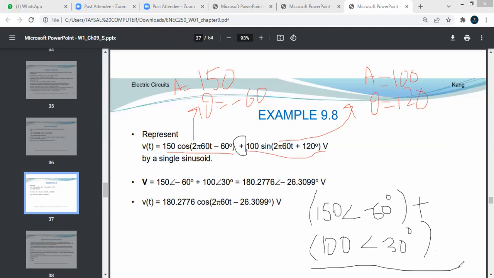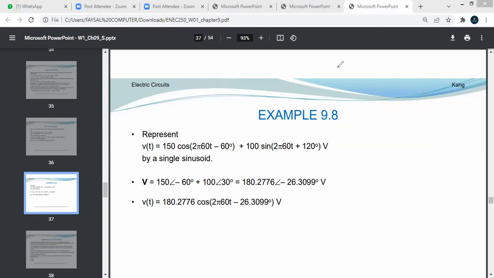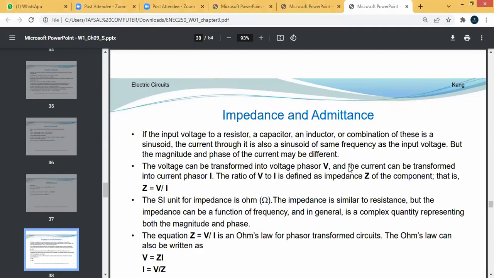So this is the way to convert two values, basically two functions, function 1 and function 2, to represent a single sinusoid.